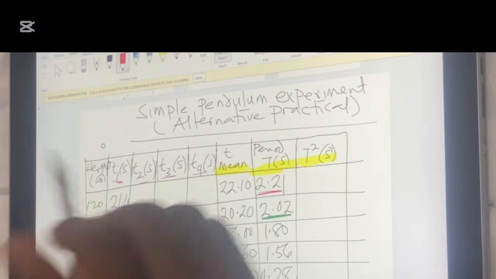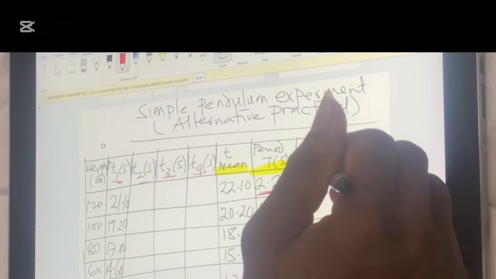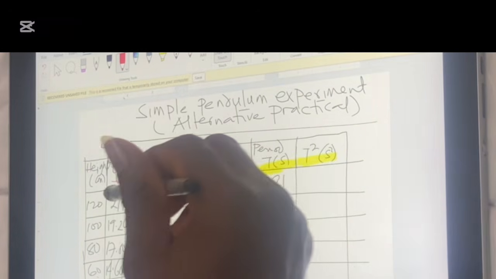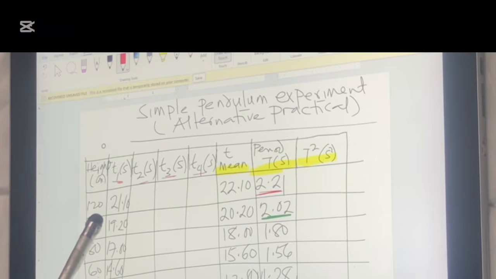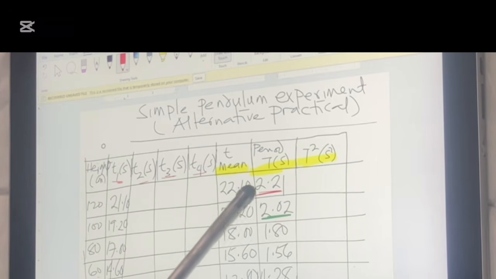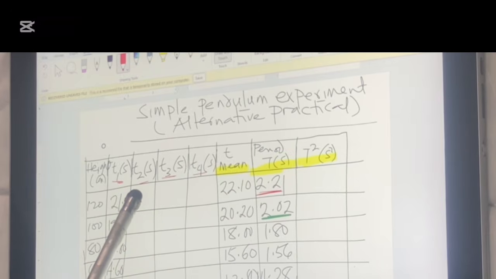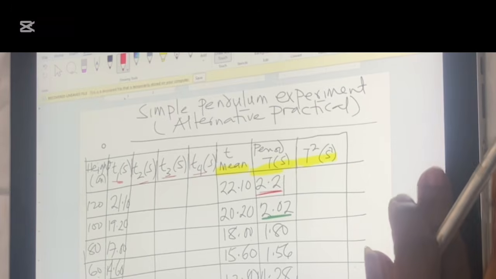I multiply this one by 2, I will get 44.20, minus this one, 21.10 from 22.10, and you get T2. The same thing: multiply this by 2, then subtract this one from it.